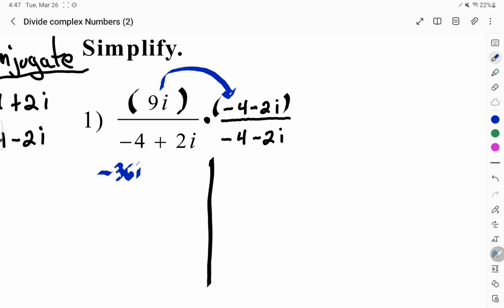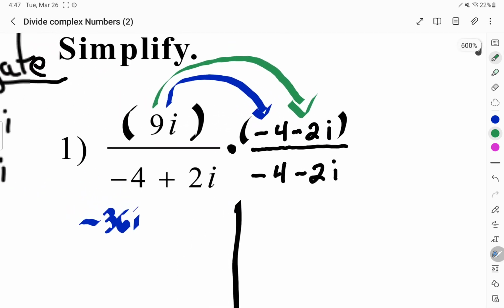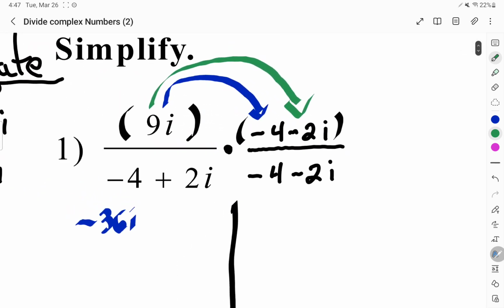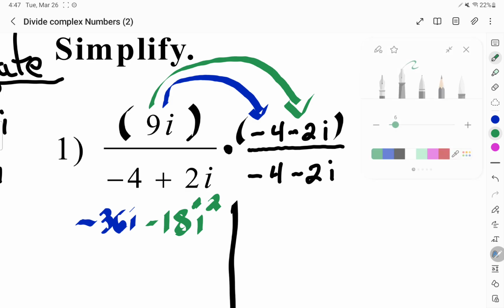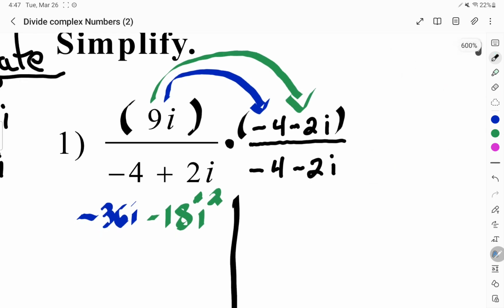Okay. Now we're going to do the same thing, but now we're multiplying this 9 with the negative 2. Now 9 times negative 2 is going to be negative 18i squared. Okay, pretty easy. Now we're just going to simplify a couple things.